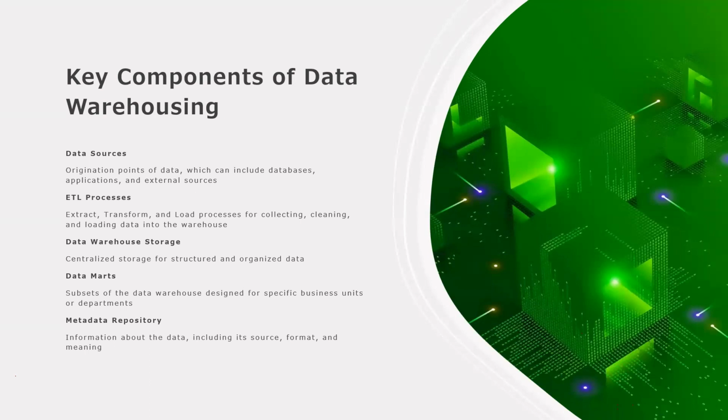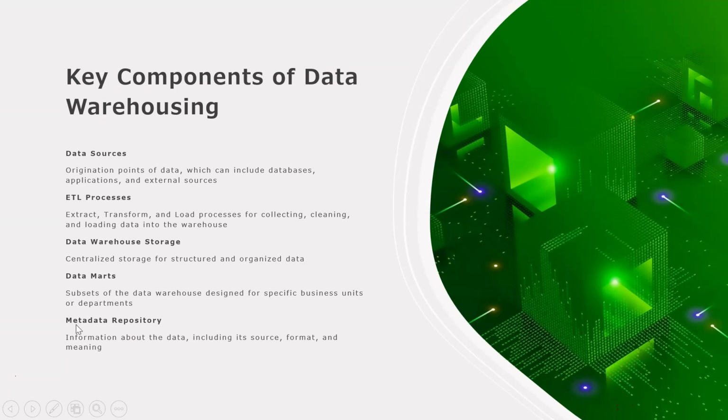The customer table is going to have all the details of their customers. The employee table is going to have all the details of the employees that are serving that particular retail sector. So each section which is segregated into a smaller unit is called a data mart. That's why a data mart is defined as a subset of the data warehouse designed for a specific business unit or department.